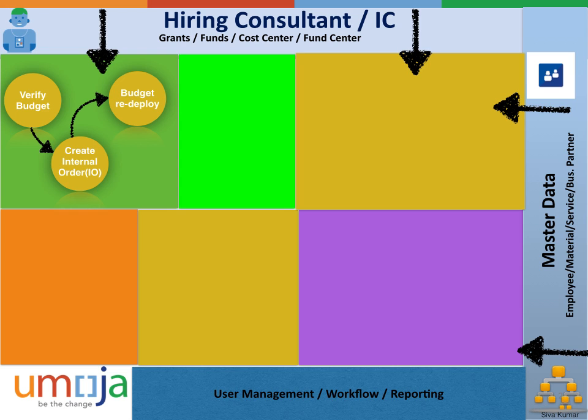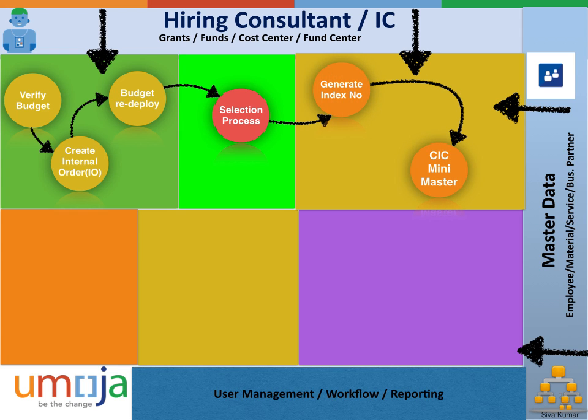Once you have the money, you do the selection process and find a consultant who is suitable for your requirements. Once a consultant is selected, you go through index number generation. In Umoja, every person who is going to come on board, whether a consultant or a staff member, has to have a unique index number.